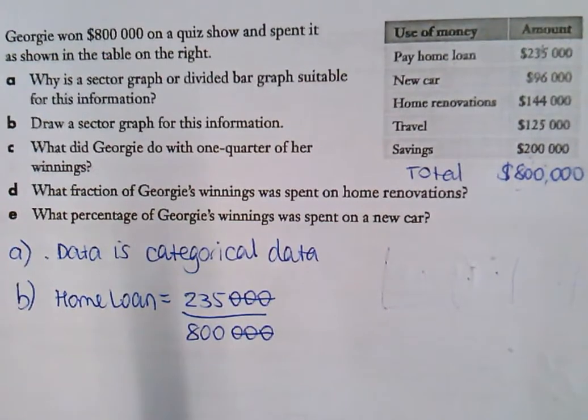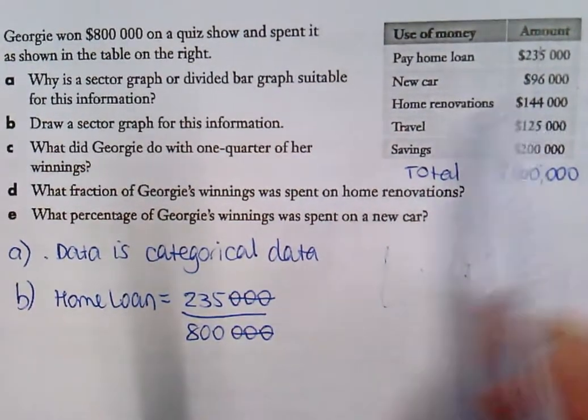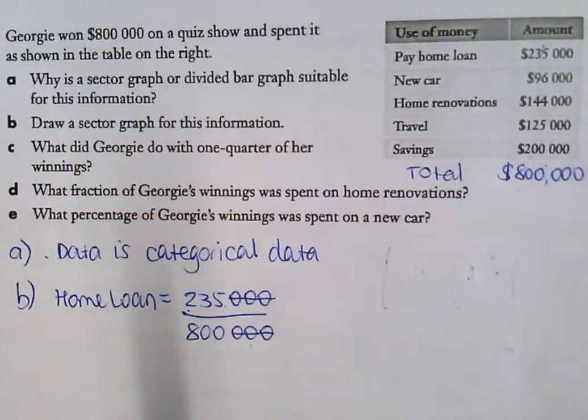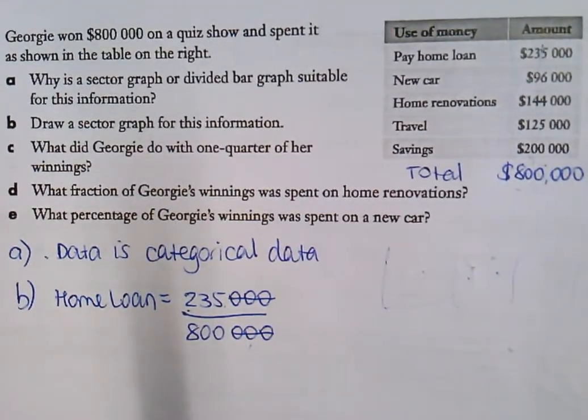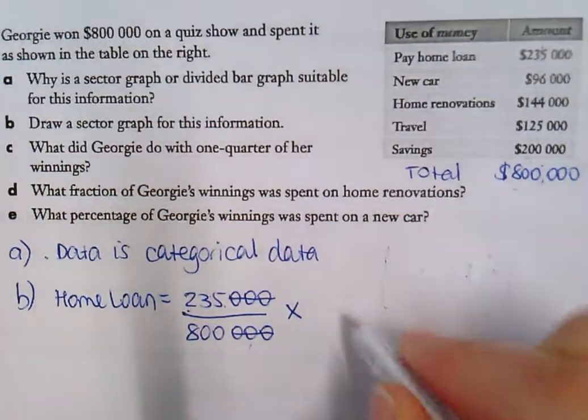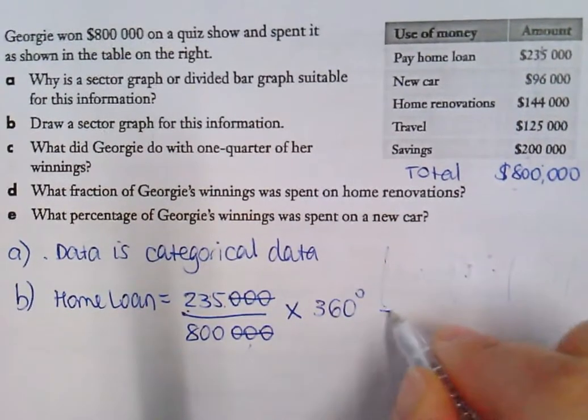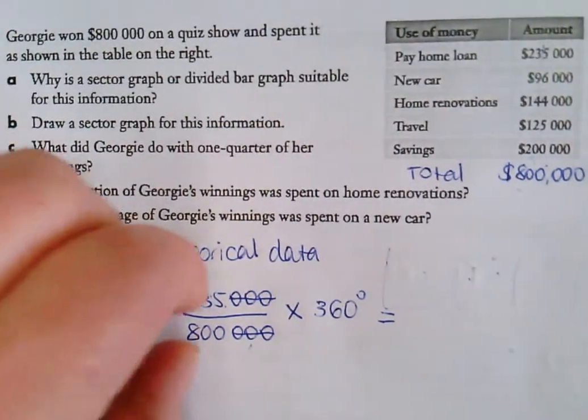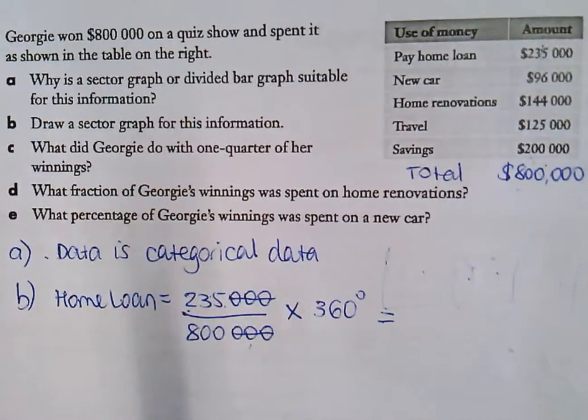And from now on, when we work out all of the sector angles, let's just put the amount without the thousands. You'll still get the same answer. Now, that needs to be represented in a sector graph. How many degrees in a sector graph? So that's the fraction that's home loan, but it has to be represented out of 360. So we'd say that's the fraction I've got and I times it by 360.